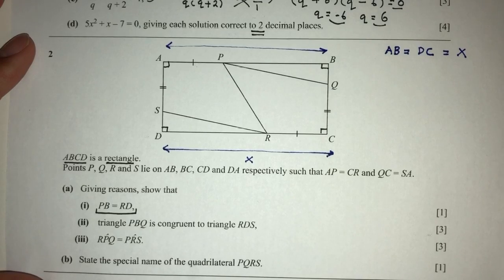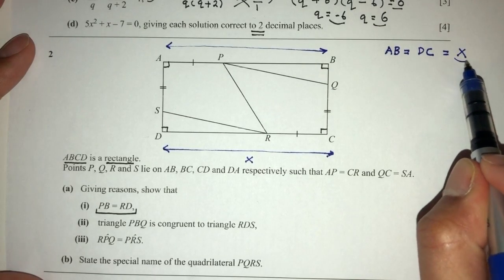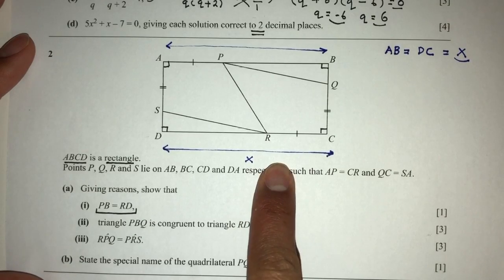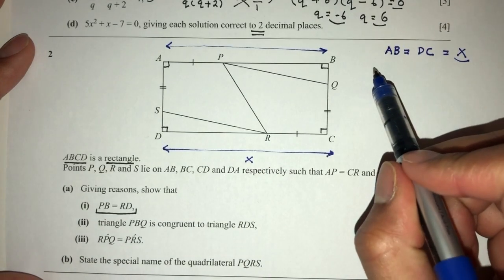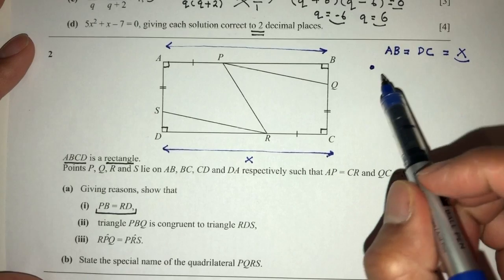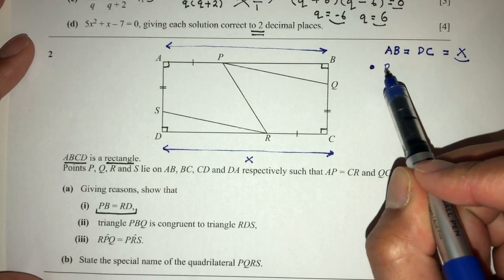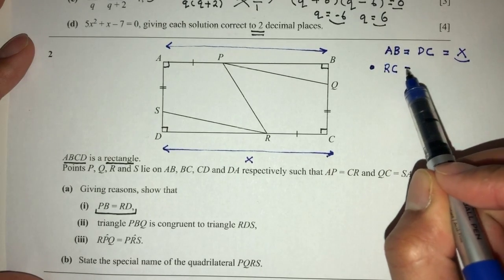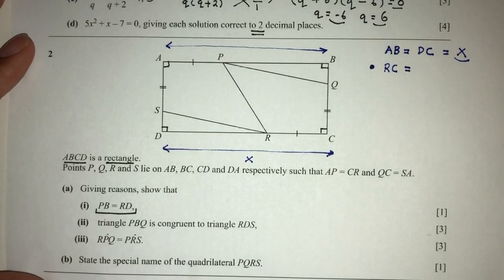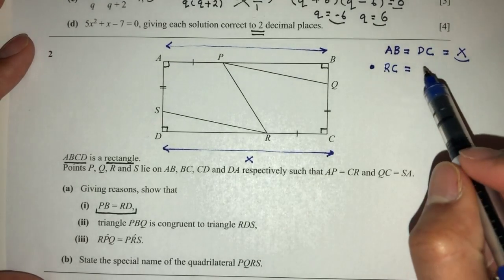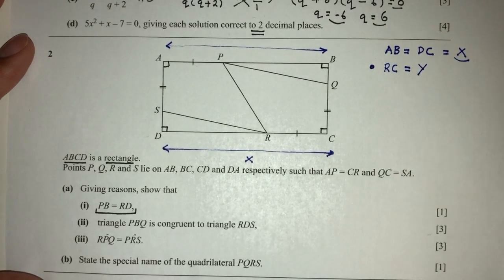Okay, now because they are x, I can do this one first. So for reason number 1, because I know that RC, let's choose a value for RC, because it is hard to work with. So I would say let RC be y, for example, right?